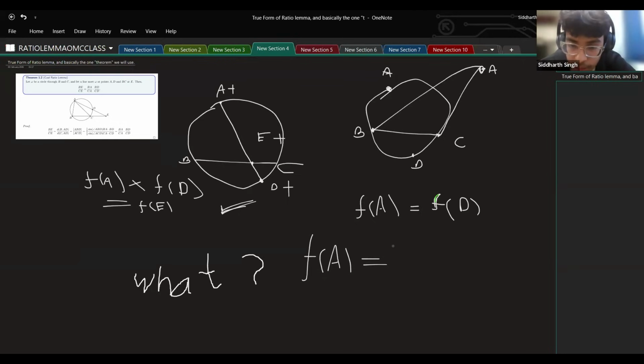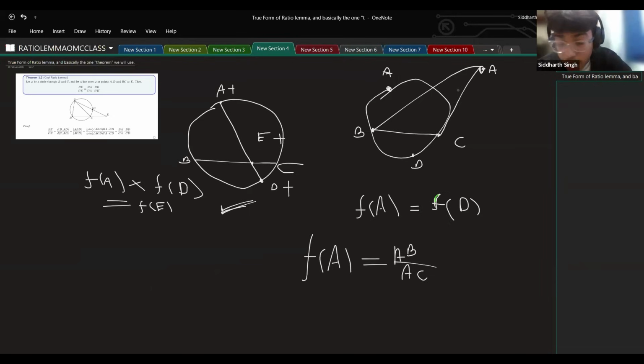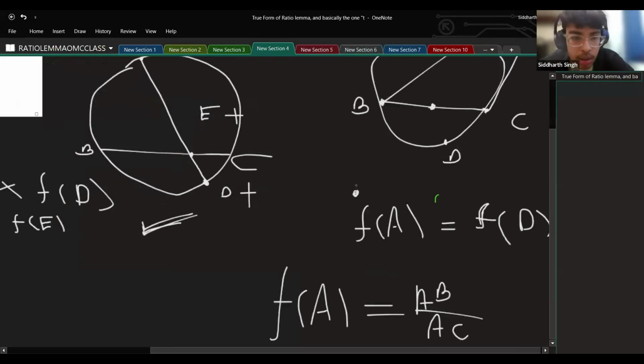Then f of A is given as AB over AC. This is taken to be positive whenever A is above the line BC, and otherwise negative. So if A lies somewhere here, then the ratio will be negative. And if A lies here, then the ratio will also be negative.